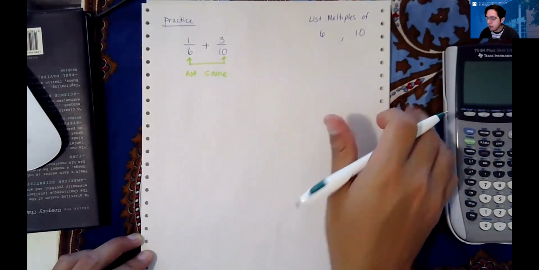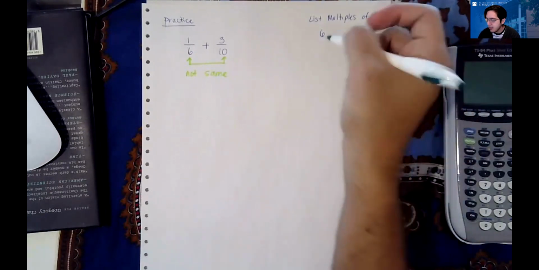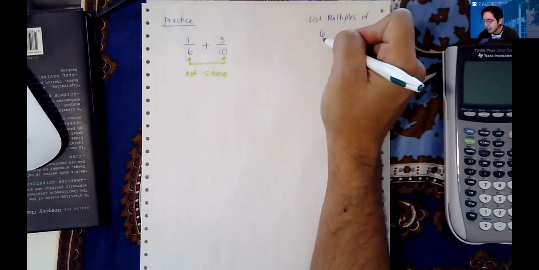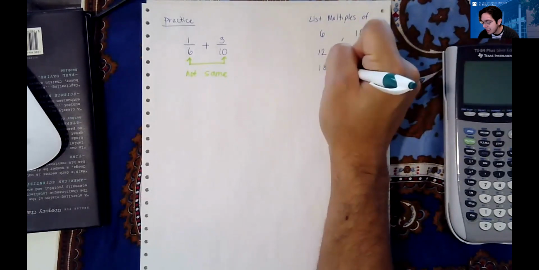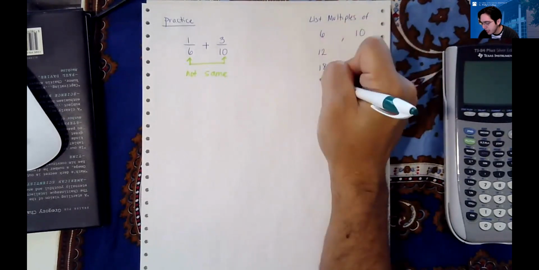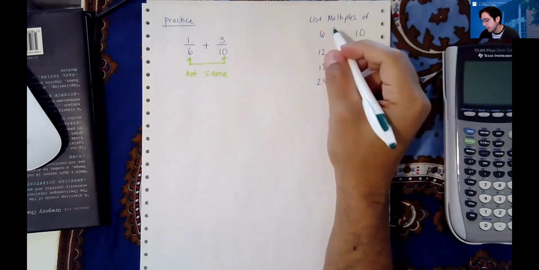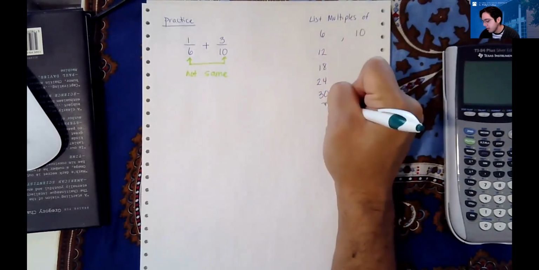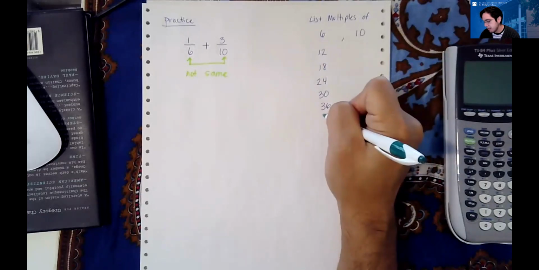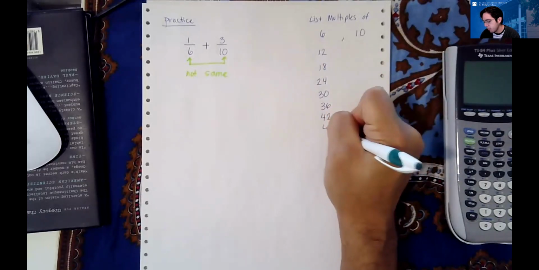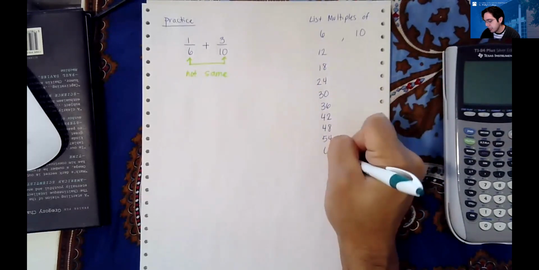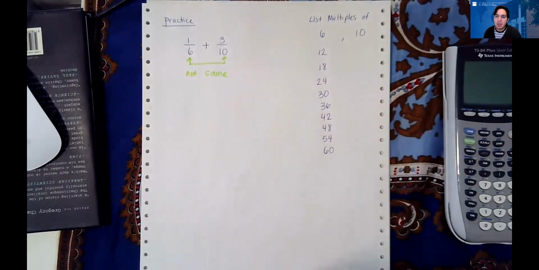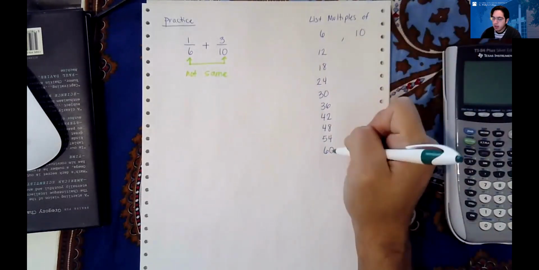So if we counted by 6s, 6 times 1 is 6, times 2 is 12, times 3 is 18, then 24, 30, 36, 42, 48, 54, 60, right?